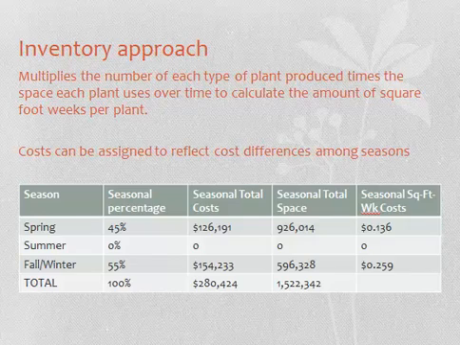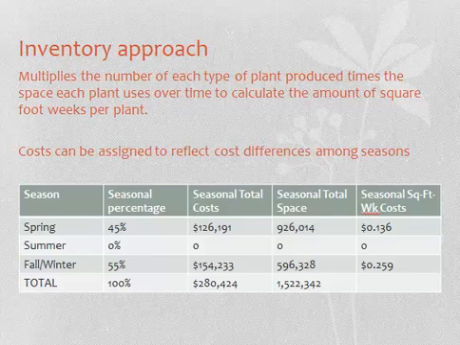So if you see here, if you had a crop that had expenses of, say, 45% in the spring and 55% in the fall, then you would get different square foot week costs. In the spring your square foot week cost would be 13.5 cents, but in the fall and winter time that cost is almost 26 cents.